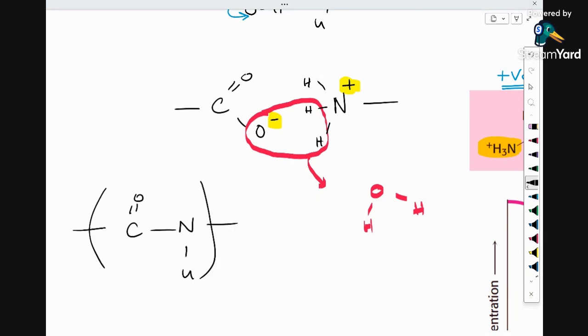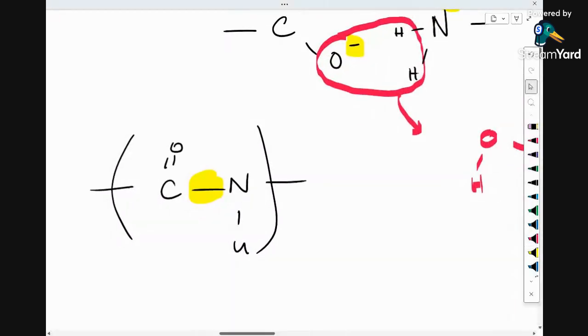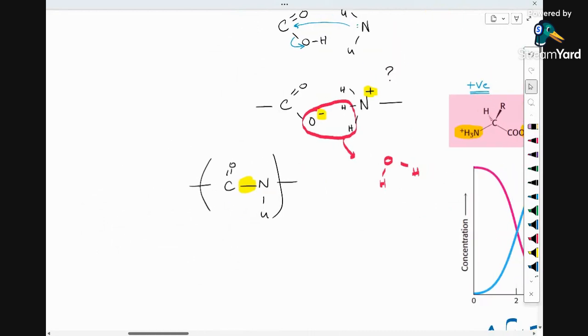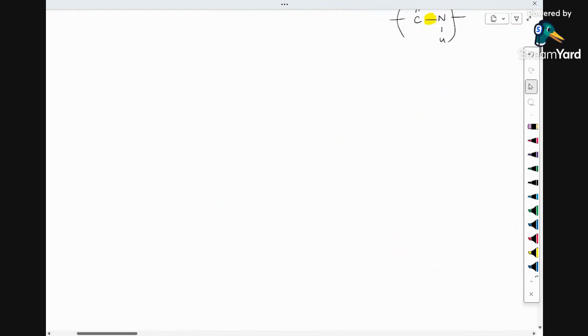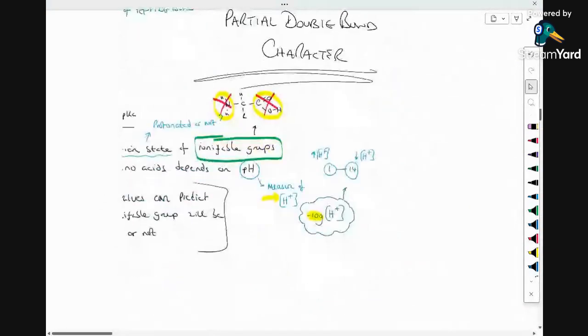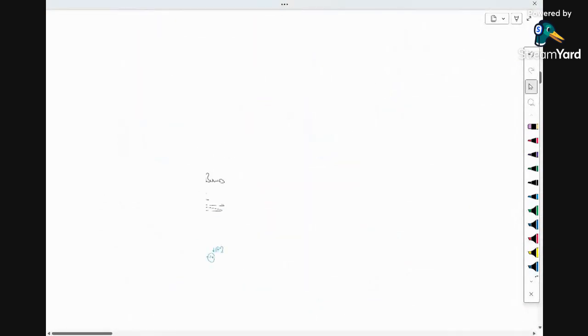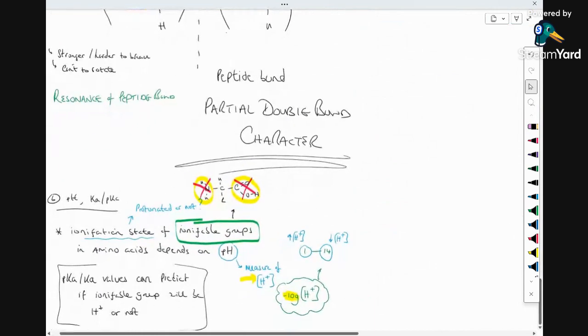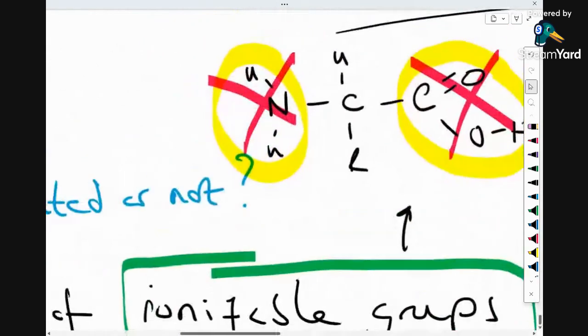So do we really care whether these groups are protonated or not? Because we would if the amino acids existed individually, but they bond together to form peptide bonds, right? This bond is together, and so we lose the charges. So whether these groups are charged or not doesn't matter when we're looking at proteins. Okay, because the amino group and the carboxylic acid group are going to be tied up in proteins. So that's what I'm trying to make a point of here.